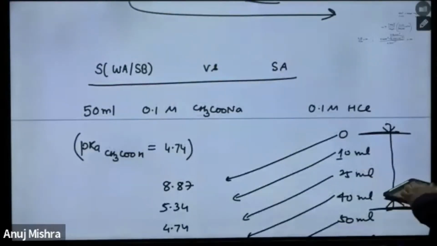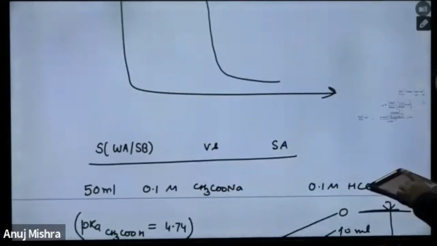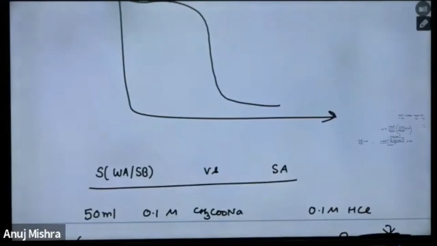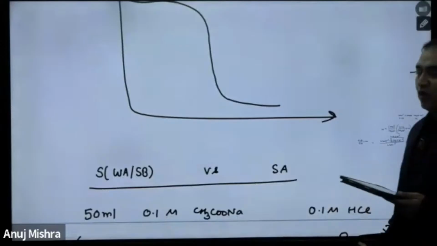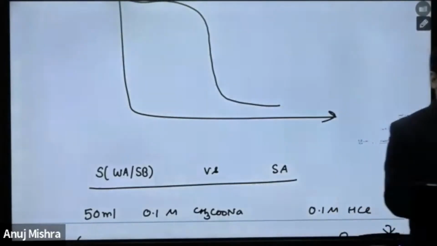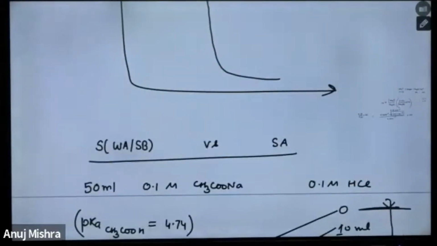So, question is 50 ml 0.1 molar CH3COONa is given. 0.1 molar HCl is being used. Okay, note कर लीजिए. pK आपको given है 4.74. How much is pK? 4.74. All right.